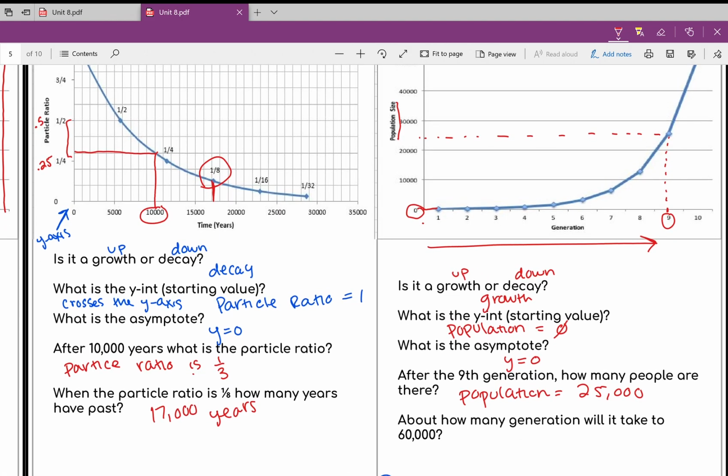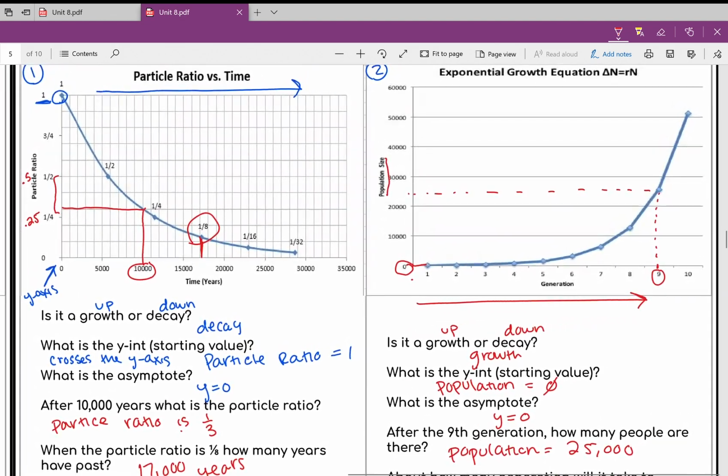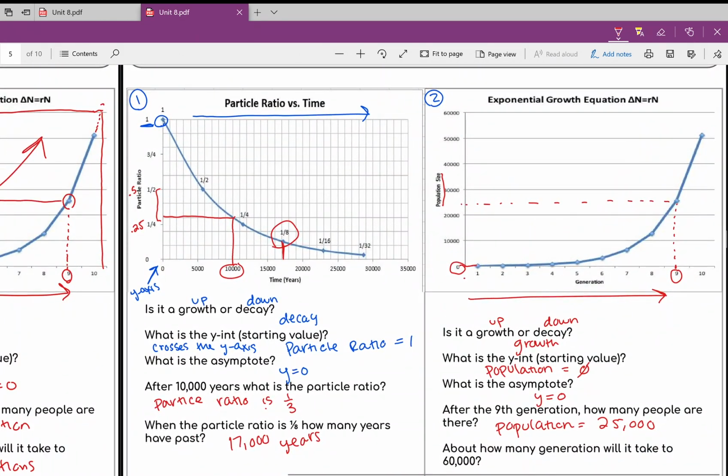Okay, last question says, about how many generations will it take to reach 60,000 people? Okay, so 60,000 is all the way at the top right here. You guys notice it all the way at the top of the y-axis. So if I follow this all the way across, I notice that it doesn't cross my blue line. So I'm going to have to make an educated guess.